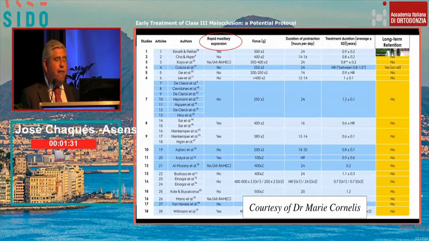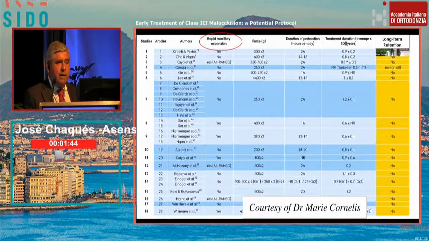So are we facing a new paradigm or a new dogma, and I'm not aware of it? Maybe that's the case. And out of the articles presented, only 3 of them use Alramec. One of them, the one from Giuliano.